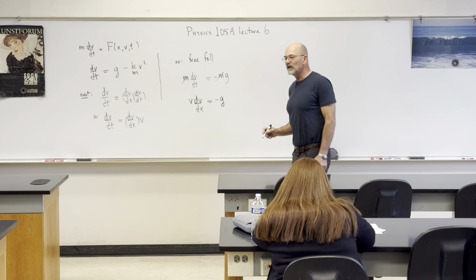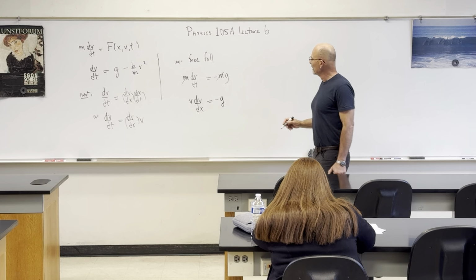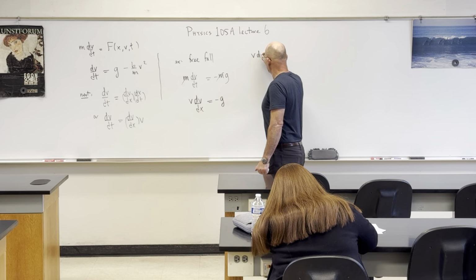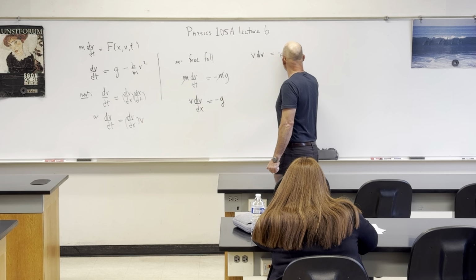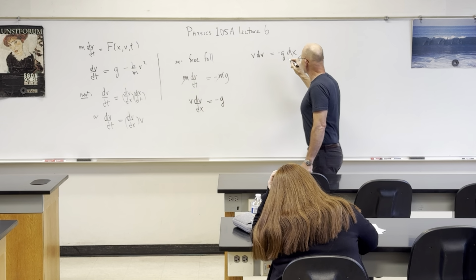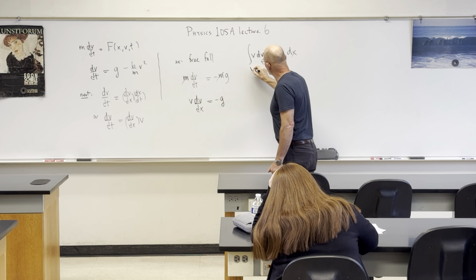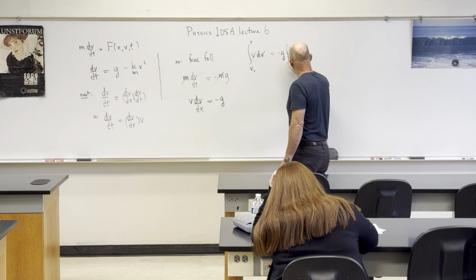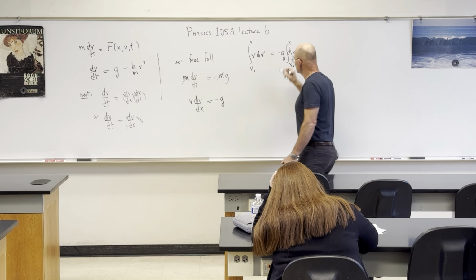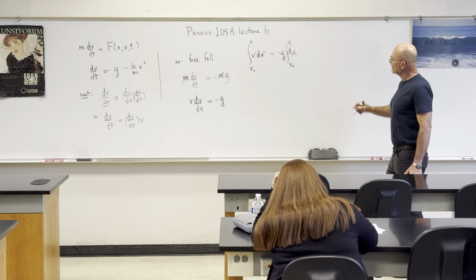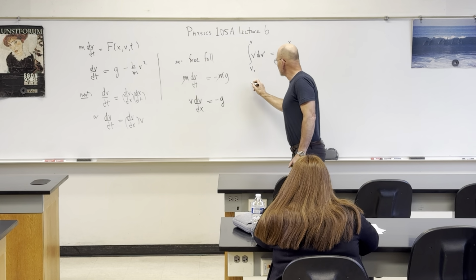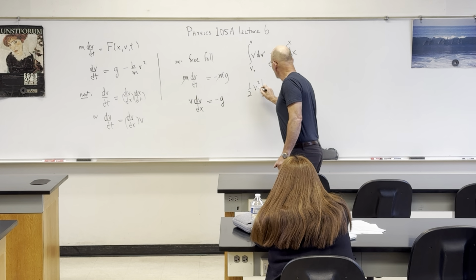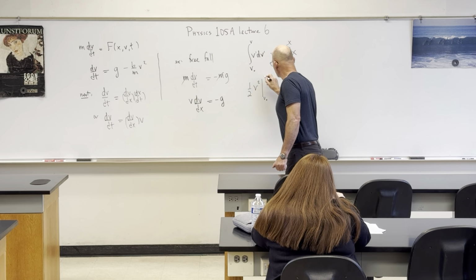And now we're going to do separation of variables, which is this technique here. We have v dv equals minus g dx, and we integrate here from v0 to v. We can prime these v's here, and here from x0 to x. And the left side, the integral is, of course, just 1/2 v squared, from v naught to v.